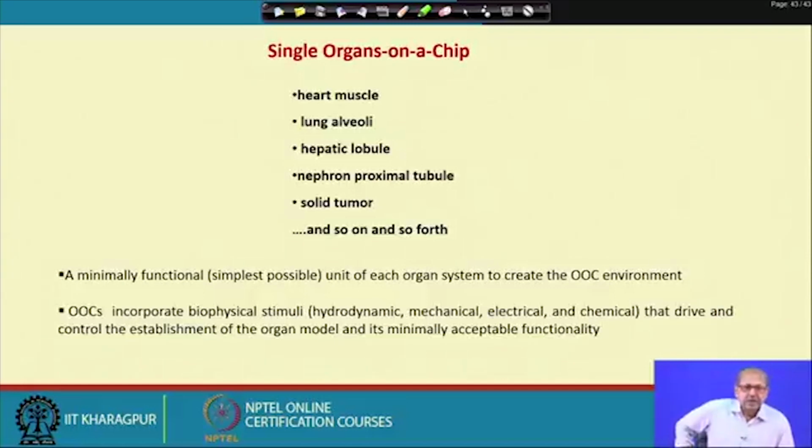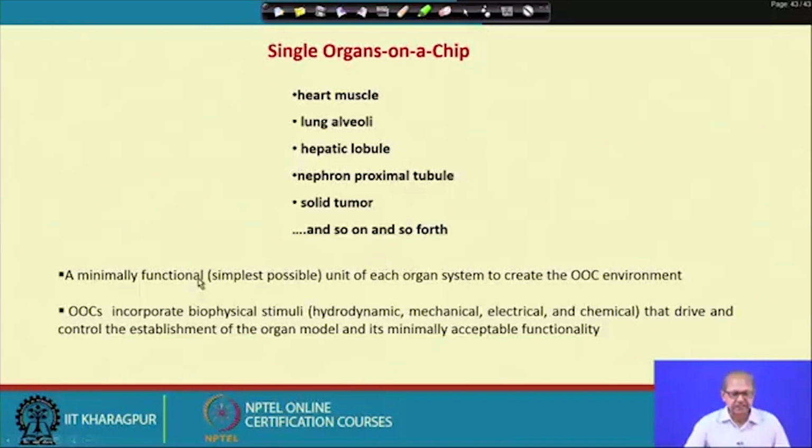Now, we come to how single organs on chips are developed, like heart, lung, hepatic lobule, nephron, solid tumors and so on and so forth.